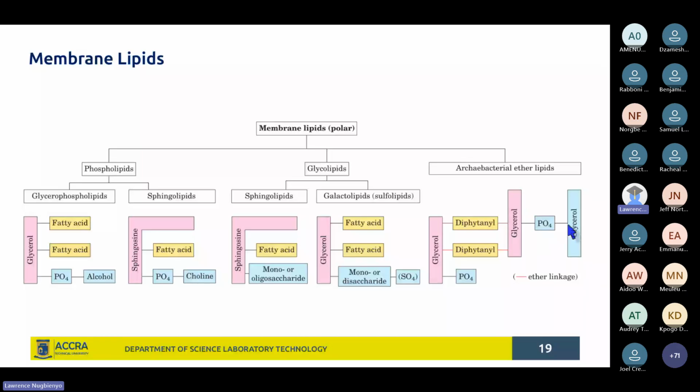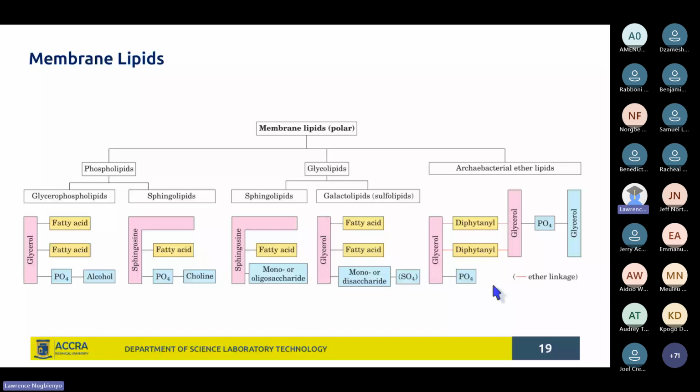And we'll come to see why we say ether. You can pay attention to that linkage, which is shown with the red lines. So it's an ether linkage. Pay attention that these are not esters, they are ethers. So we see the difference between ester and ether.